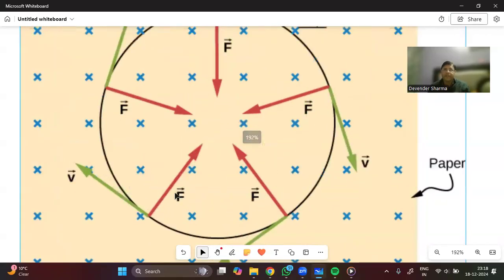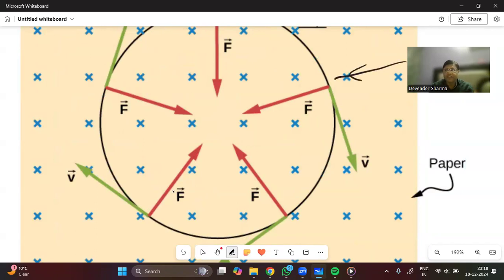What is it saying? It's saying the particle is entering from here. It is a charged particle Q, which is coming with some velocity in this direction. Or maybe it is coming from any other direction. Let's talk about this direction. Let's say the velocity is entering from this direction. This is V.